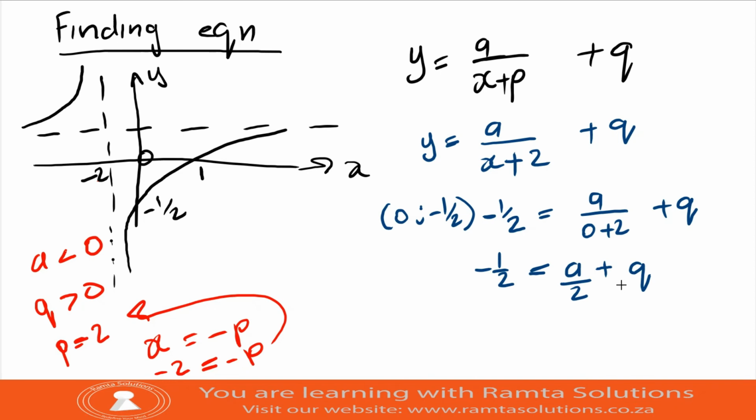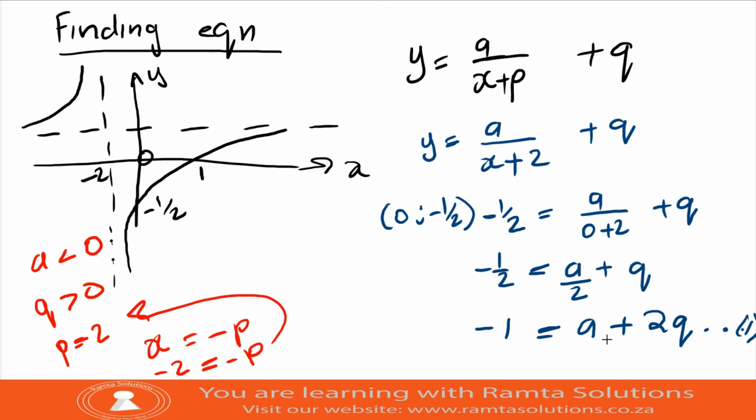Multiplying through by 2, we have minus 1 equals a plus 2q. Cool. I'll come back to this. Let's call it equation 1.